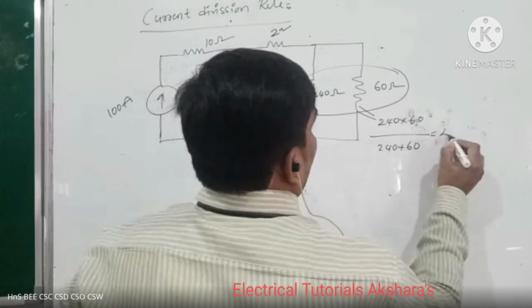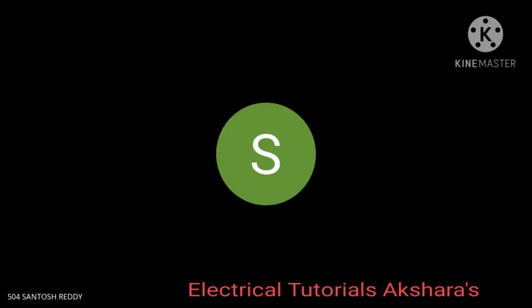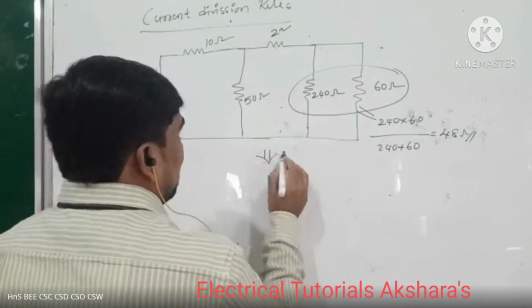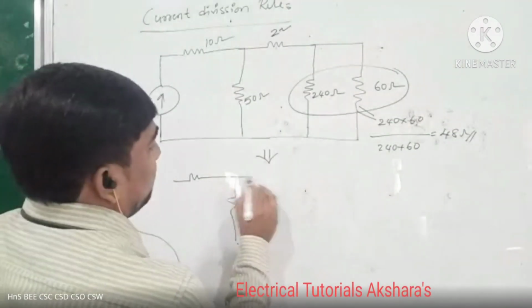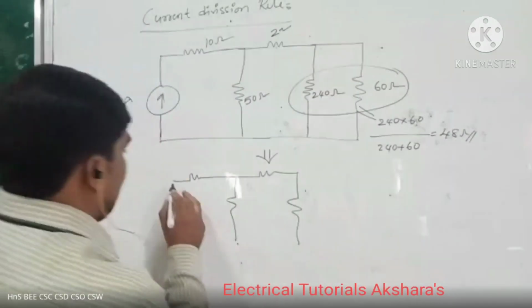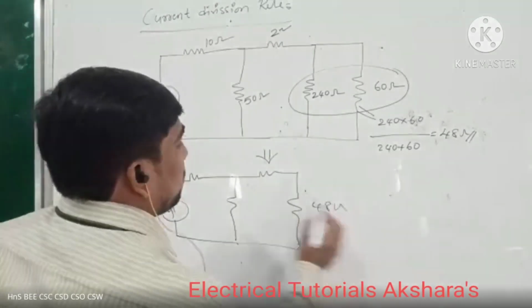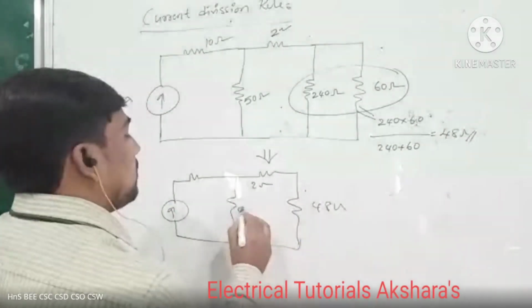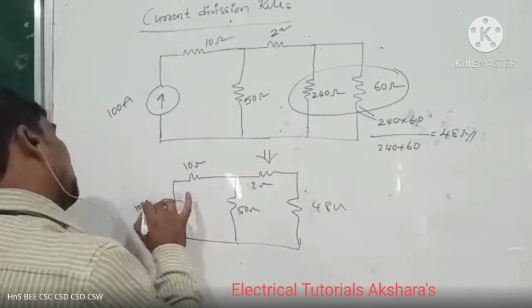The answer is 48. That 48, for example, the circuit will be redrawn again. This is our second step: 48 ohms, 2 ohms, 50 ohms, 10 ohms, and 100 amperes.